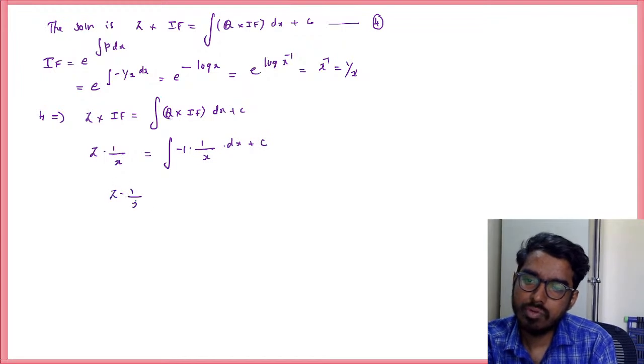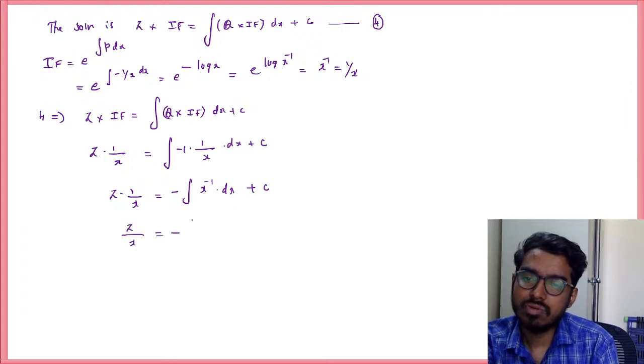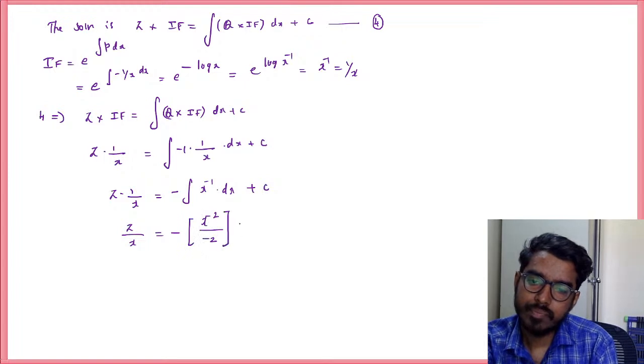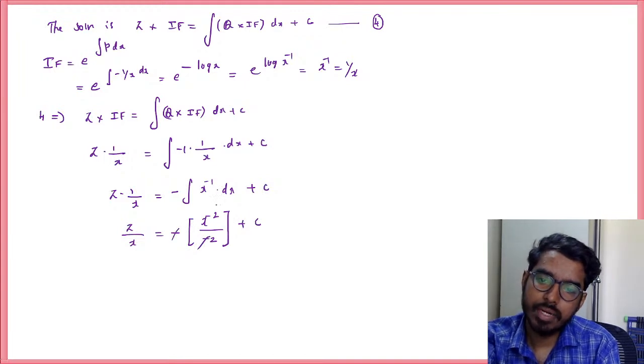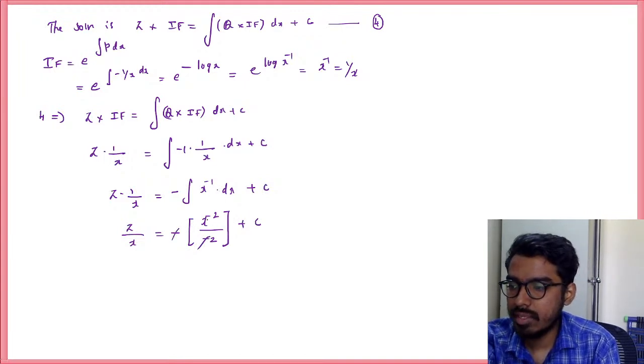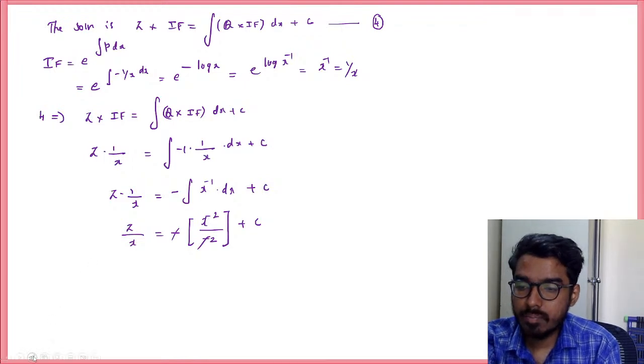Will be z into 1 by x is minus integration of x power minus 1 dx plus c. So this will be x power minus 2 by minus 2, right? Plus c. Minus minus will become plus, right? Minus 1 plus 1 minus 1, minus 2, minus 2. Okay, sorry.